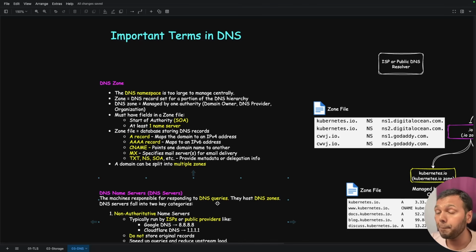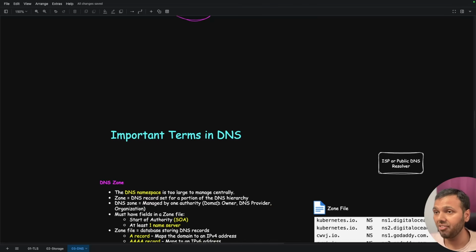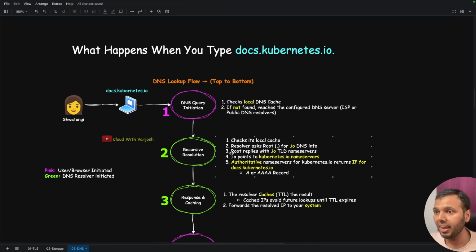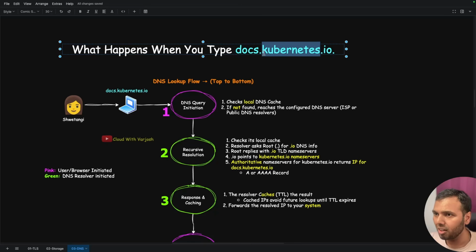Again, for a portion of the DNS hierarchy, if I go at the top again, then dot is one portion, .io is another portion, and kubernetes.io is another portion. So there will be a DNS zone for the dot, for the root. There will be a DNS zone for .io.